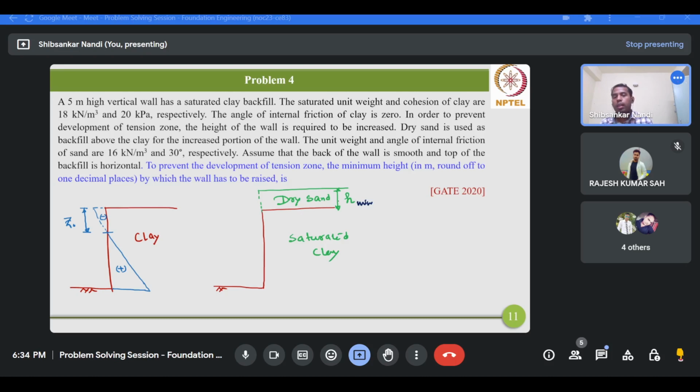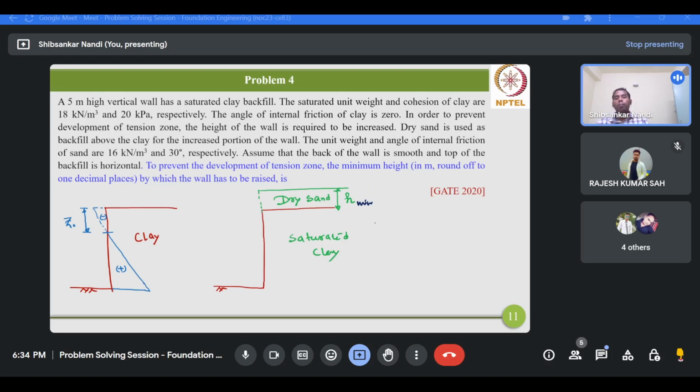However, we can optimize this height. So if we provide an increased height, obviously it will not be the optimal case. So it will not be the optimum scenario. So for the optimum case, we should provide the minimum height so that there should not be any development of tension zone. Now, how will this optimum case arise, or what is the fundamental basis for this minimum height?